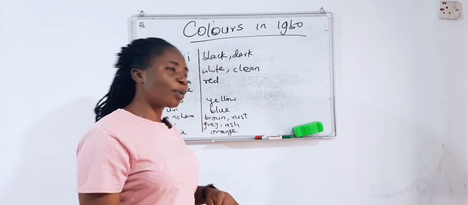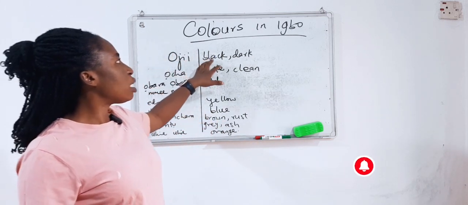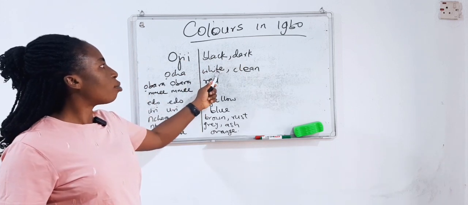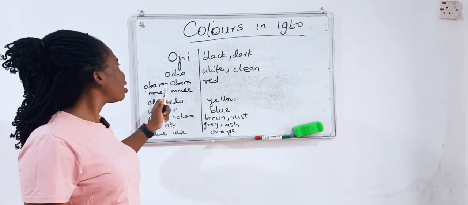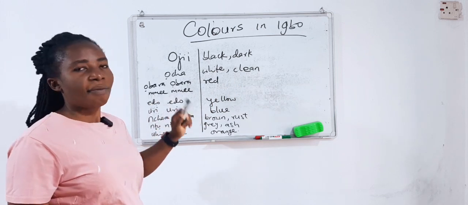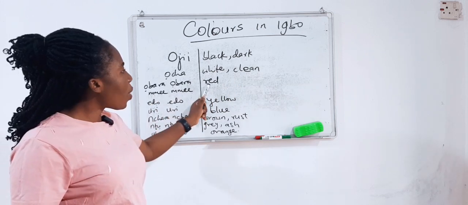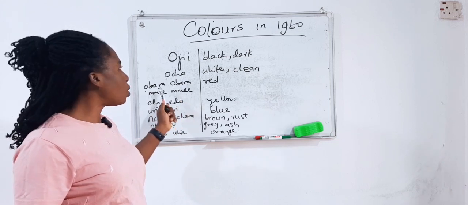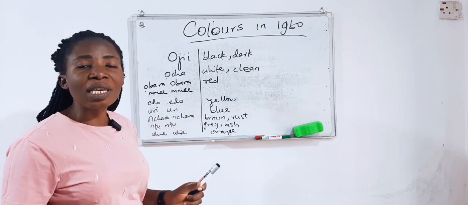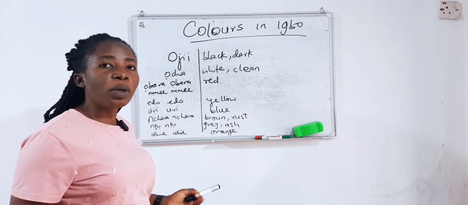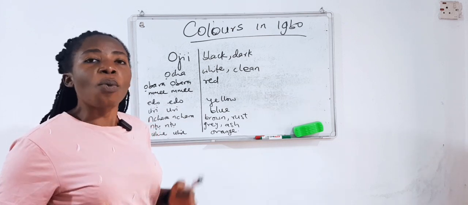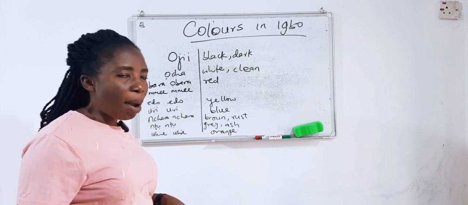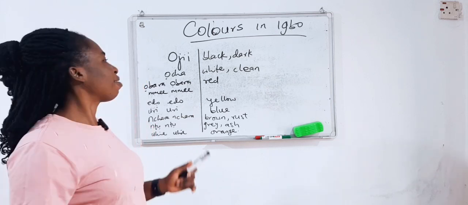So let's go. Oji means black or dark. Ocha, white, clean. Obara means red. Meme, they are the same thing. It's either you say obara or you say meme. Obara is blood, me is blood. So when something is red, we say it is obara or meme.